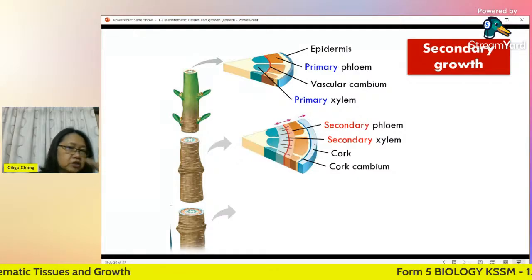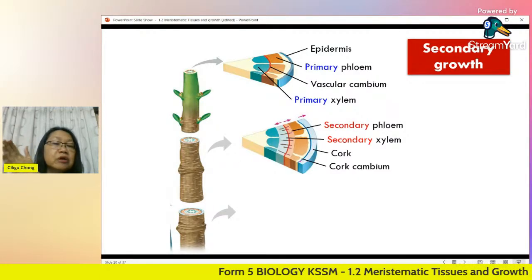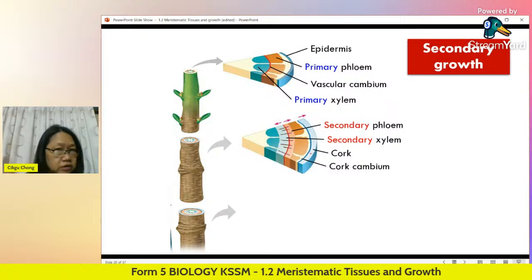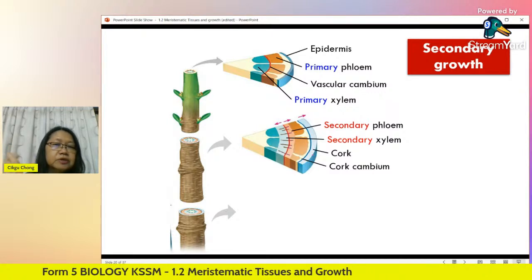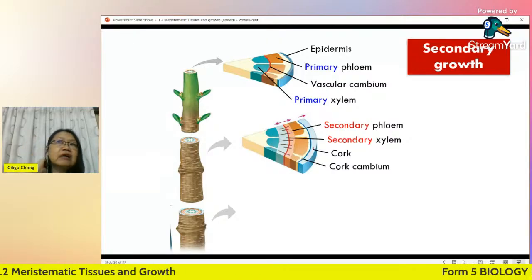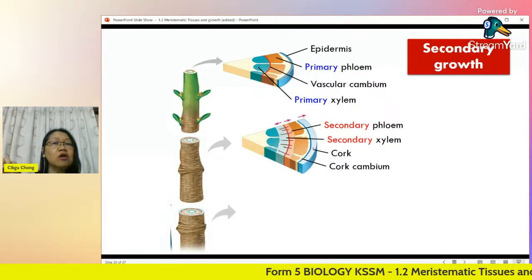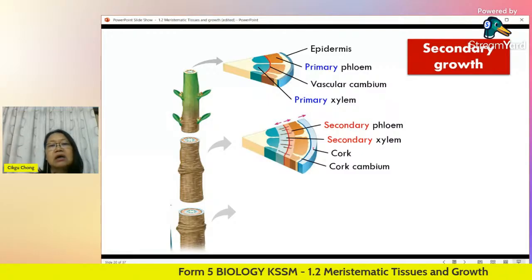Okay, and towards the epidermis side there, you will also have a layer of what we call cork cambium. It also carries out mitosis to produce cork. So these are new tissues being pushed outwards, and as a result, in the woody stem you will have a layer of cork under the bark.